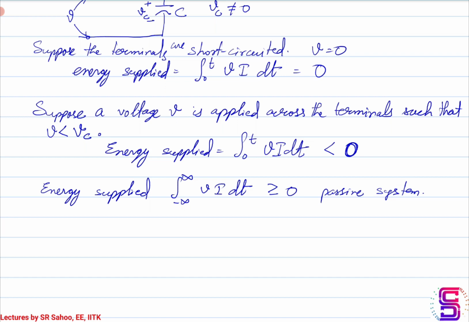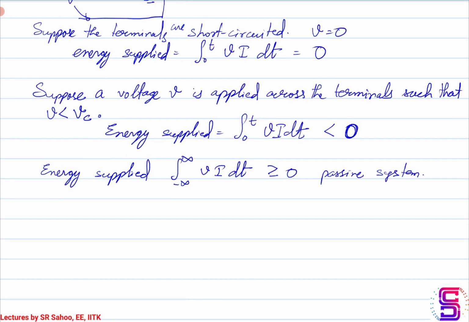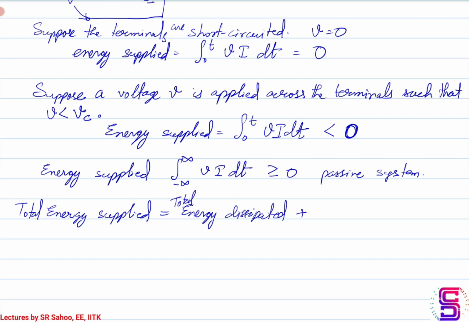Now this brings us to something interesting as far as circuits with energy storage elements are concerned. The total energy that is being supplied to a system is equal to the total energy dissipated plus the total energy stored in the circuit.